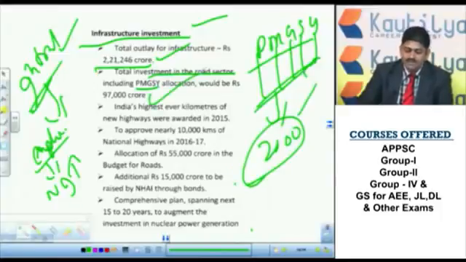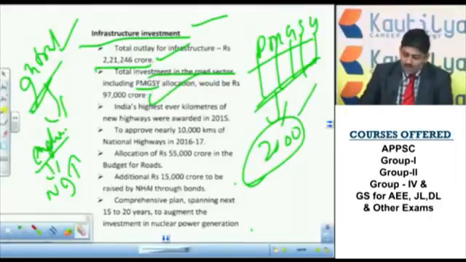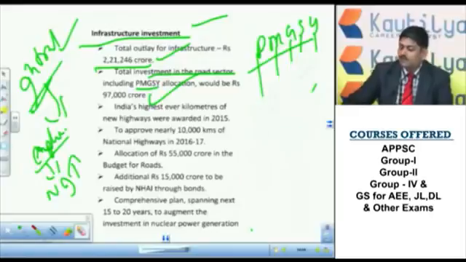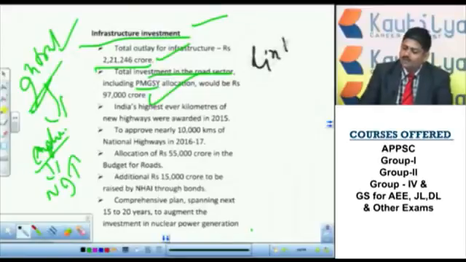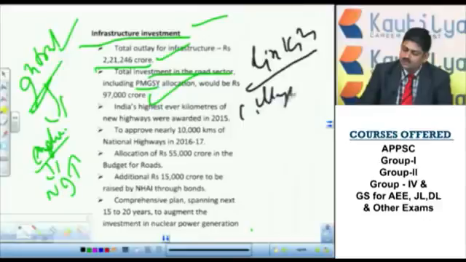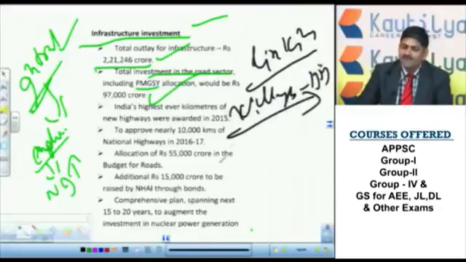So 97,000 crore is invested this time for the development of roads. What is the use? The development of roads links villages to districts. So this increases the mobility of goods.